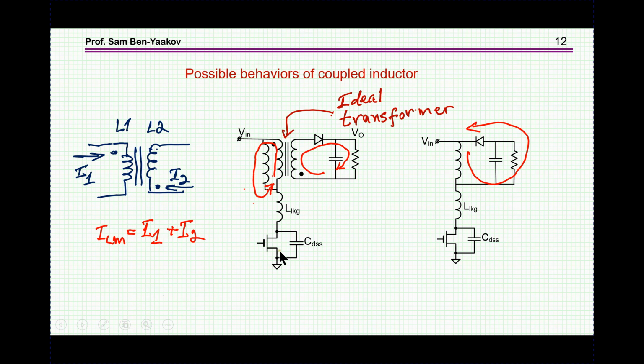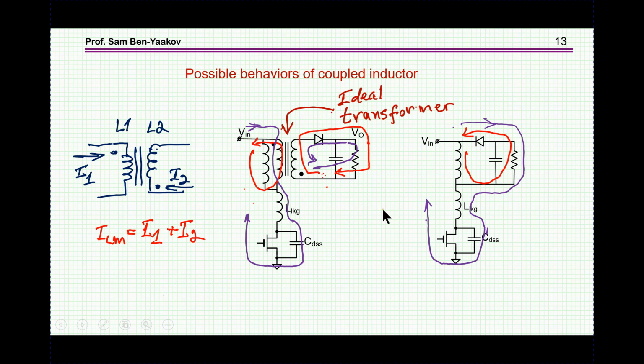Now if the transistor is off, the current from the inductance goes into this ideal transformer. This is now a transformer. So current coming out here will be canceled by current coming in. These will be the directions, and therefore in this case the energy goes to the secondary. Here we are showing it this way. This was the initial current here, and here it goes like this.